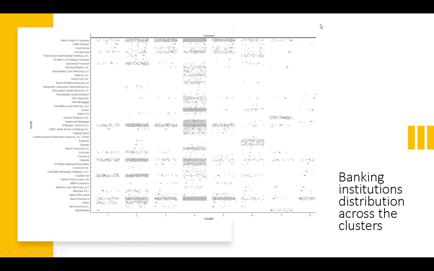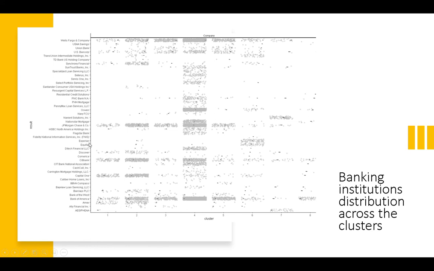This is the same plot showing the financial institutes, and it reflects what we discovered from the products. For example, Bank of America and Wells Fargo and Co are the highest in mortgage lending, so as you can see, they are concentrated in cluster 4.